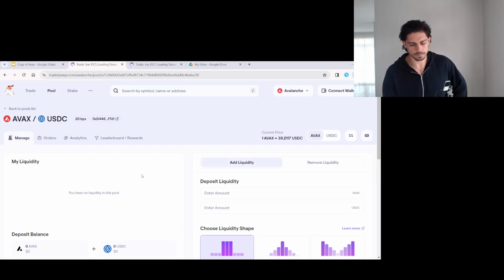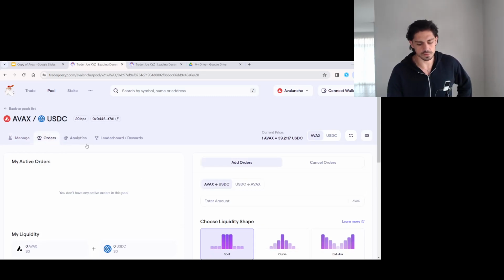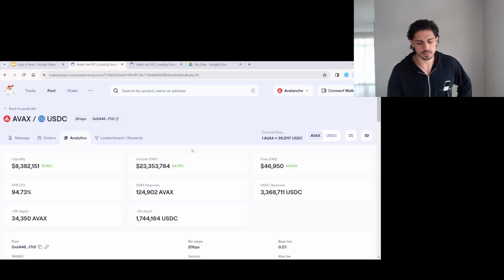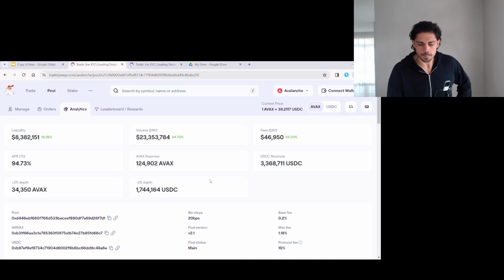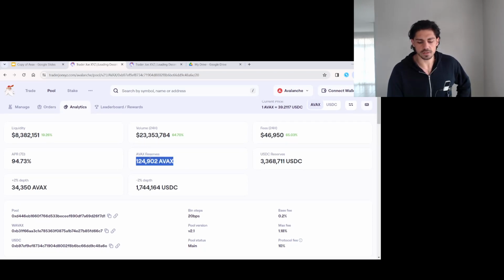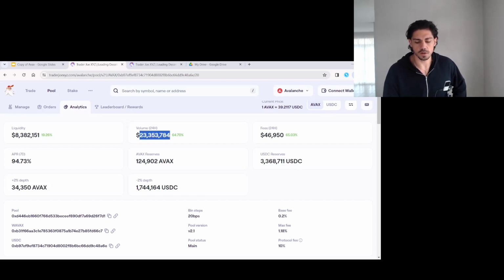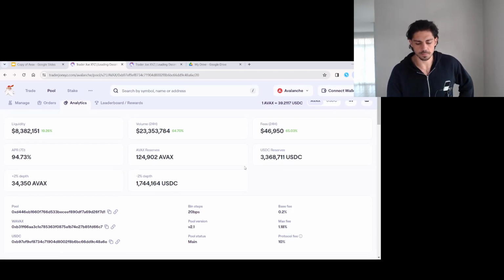So if we take a look at the orders that are taking place in the analytics, we can see how much APR in fees is being generated by the liquidity providers, right? We can see the total Avalanche reserves. We can see the total USDC reserves, right? And then, of course, the volume and the fees taken from that volume in that time period.